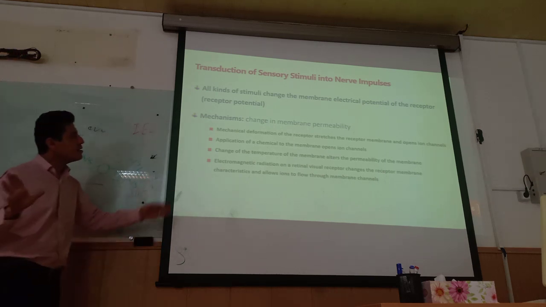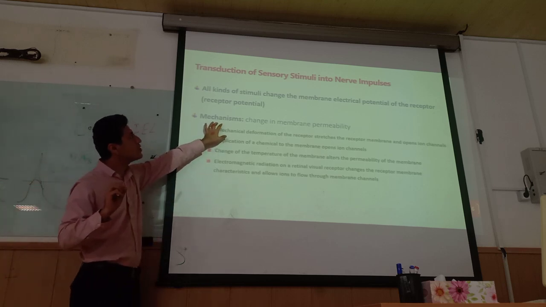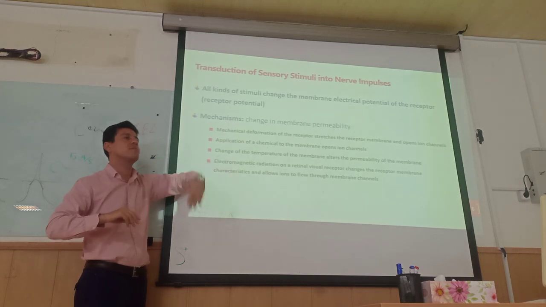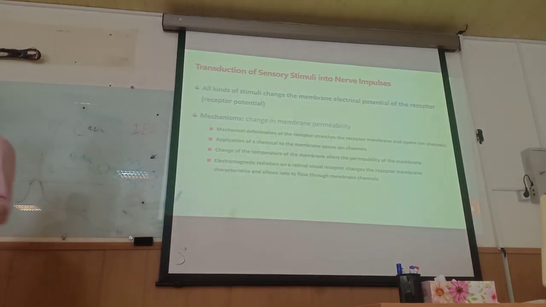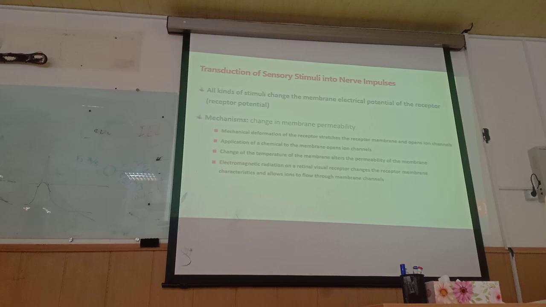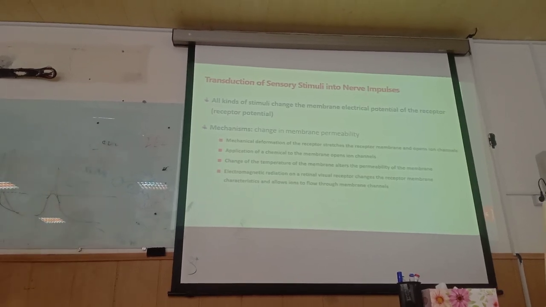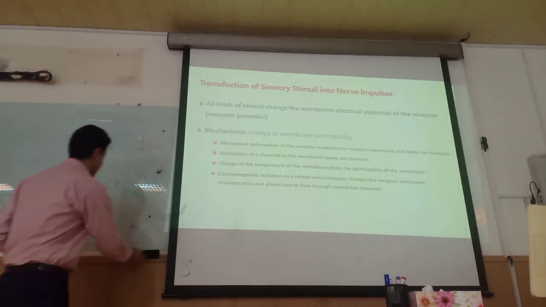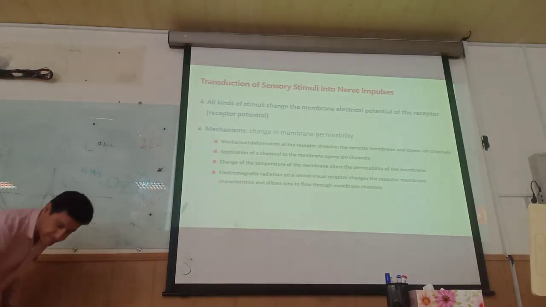So mechanisms for generation of receptor potential are different in different receptors. For example, for touch receptors, in the cell membrane we have some type of channels that are sensitive to mechanical energy.